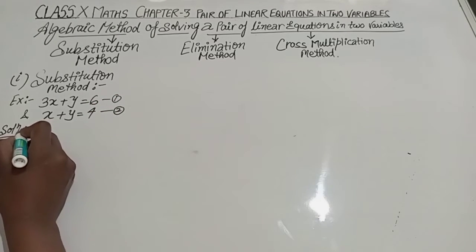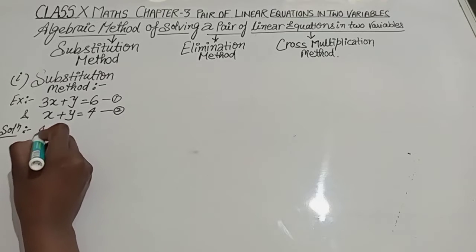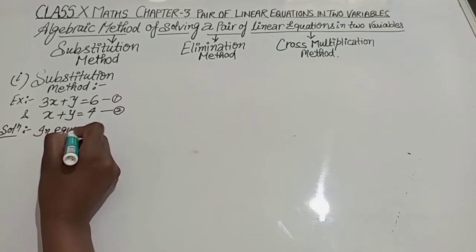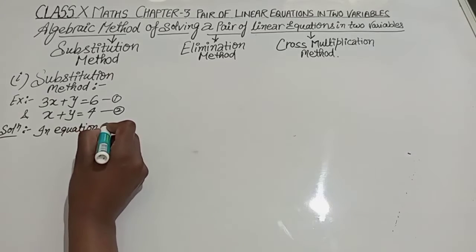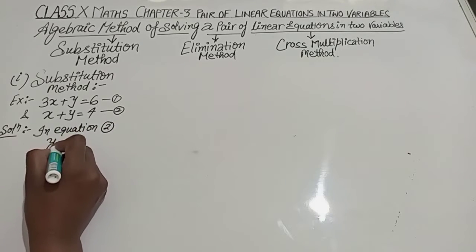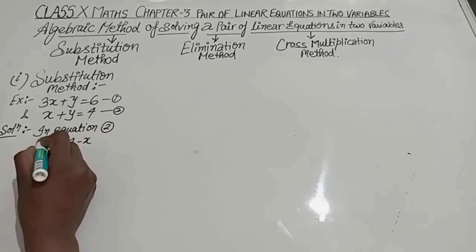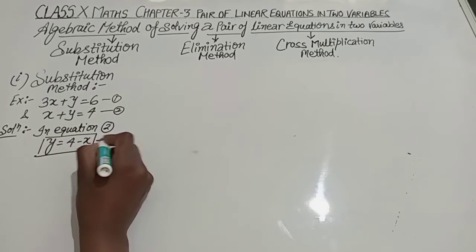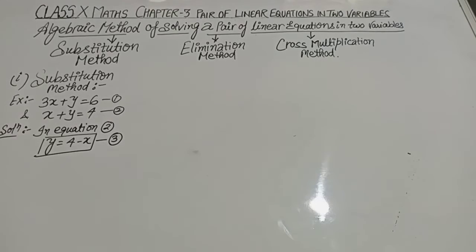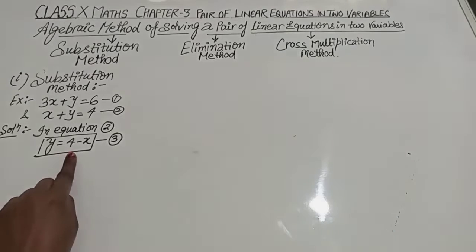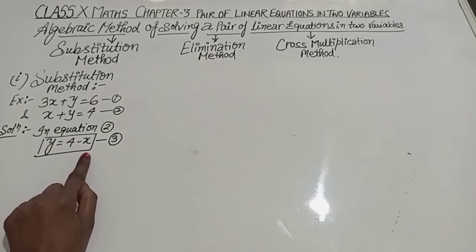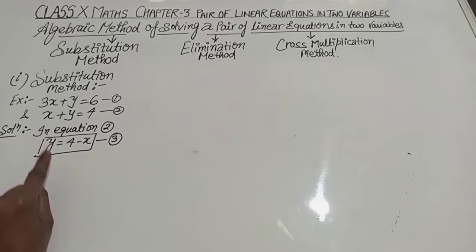In equation 2, y is equal to 4 minus x. This is equation 3: y is equal to 4 minus x. So here y is expressed in terms of x. Now you will substitute the value of y in equation 1.